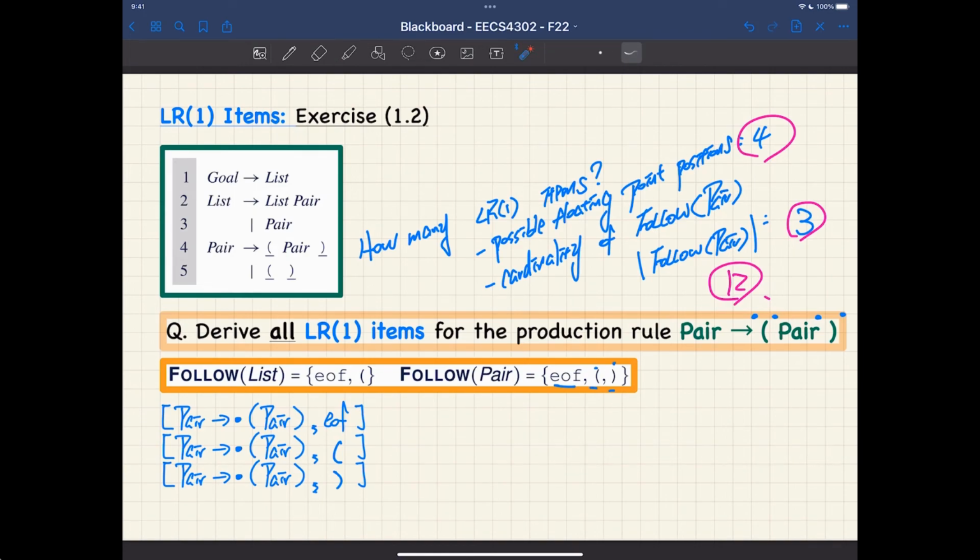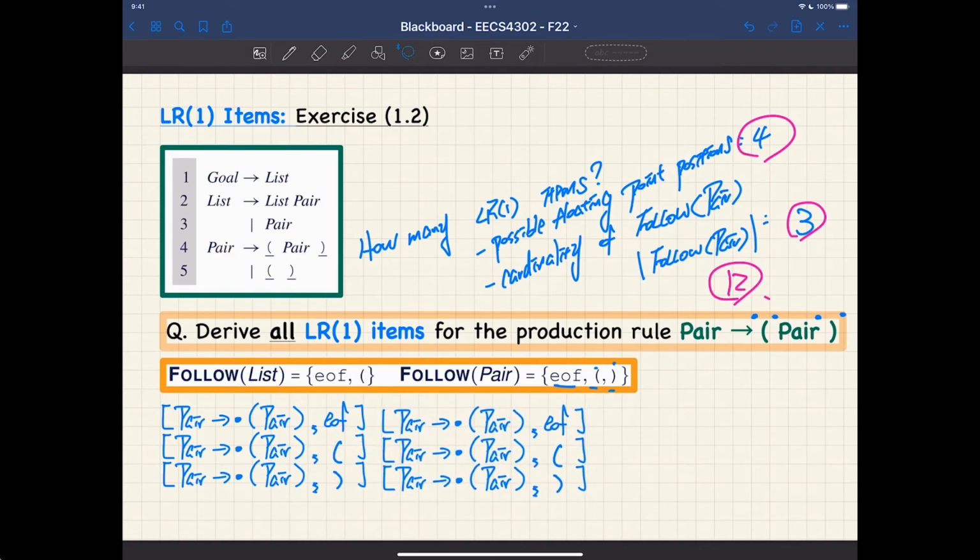Well, for each one of the others, pair, like a block, you still have to enumerate EOF and this, right? But now what should change? The floating position. All right? And let me do that. The first one is going to be right here, so I don't have this anymore.